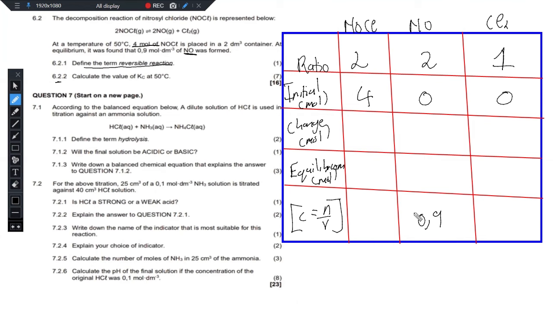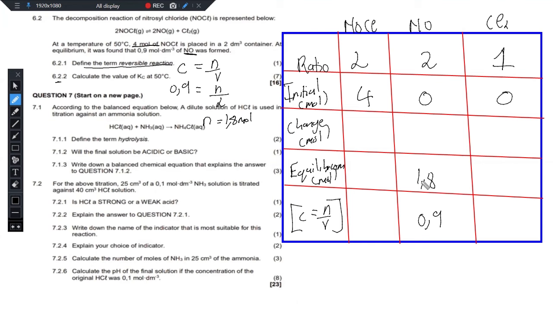And then what else are we given? So that means we can use this one to find the equilibrium number of moles. By the side, let's say C is equal to n over V. Concentration is 0.9, and our volume is 2. So if we say 2 multiplied by 0.9, that's 1.8 mole. So we have 1.8 mole here. But these are products.